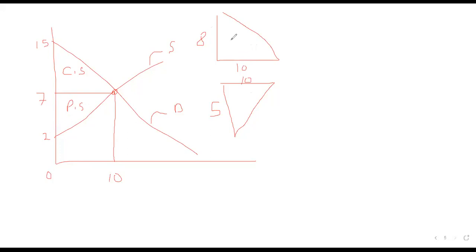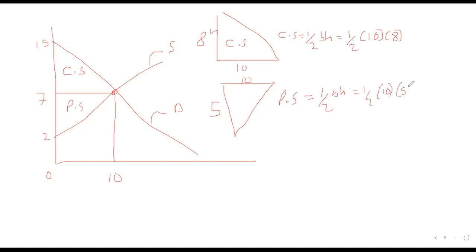The 10. So the consumer surplus is given by half base times height. So our base is 10 and our height, from here to here, is 8. And the producer surplus, the base is being shared, it's the same, half BH. Our base is still 10 and our height is 5.